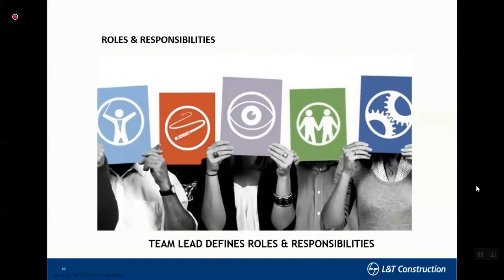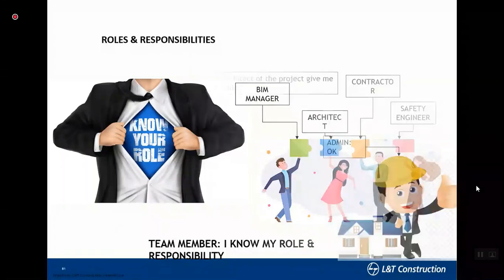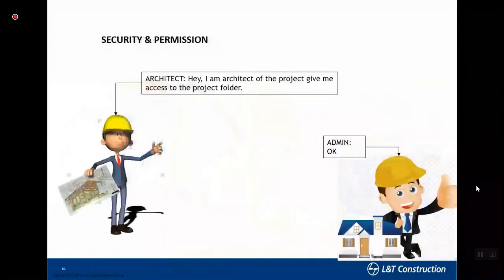Normally, a team lead, the project director, the project manager or the engineering manager will define the roles and responsibilities. I'm a BIM manager, I'm an architect, I'm a contractor, I'm a safety engineer and so on. Once I know that, I create a project space where I can store all the data, and then I give access to the data based on your role.